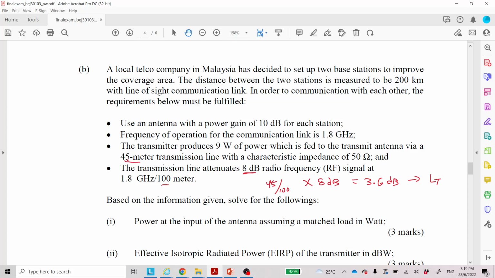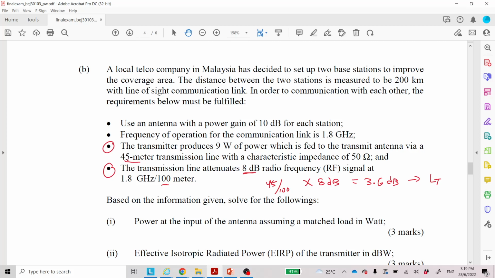From here, this question only has losses due to this, so there is no LR.